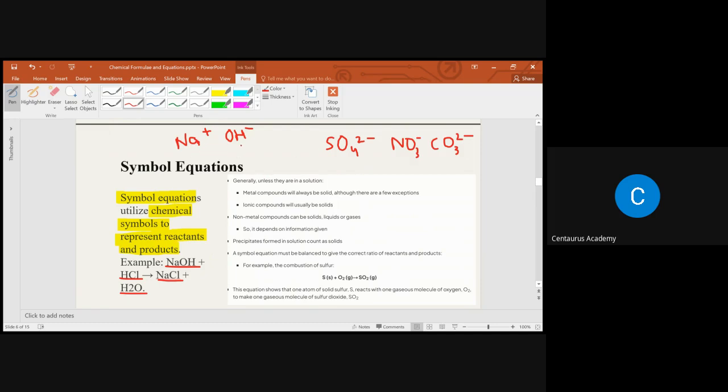So sodium hydroxide is a polyatomic ion. Last time, I told you that whenever you have same charges on both the sides, you simply cancel them out and write whatever is left behind. So NaOH is the formula for sodium hydroxide, which reacts with hydrochloric acid. Hydrochloric acid is basically H plus and Cl minus.